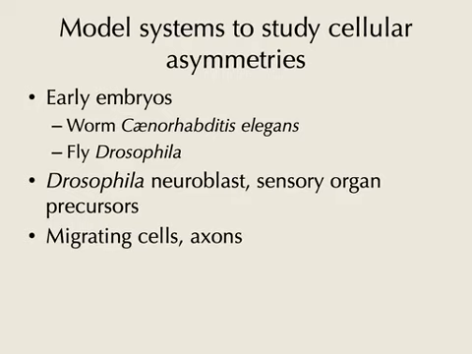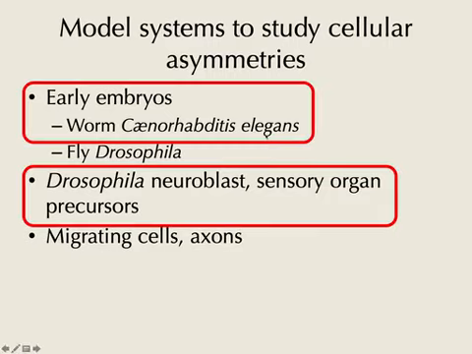I purposefully made it a little bit more from primary literature, so I'm going to tell you more than what's in the textbook, closer to actual research. Here I'm just highlighting a few of the models that have been used to study polarities, to study asymmetries, and I don't need to read this, but mostly I'm going to tell you about the work on the early embryos of the worm Caenorhabditis elegans.